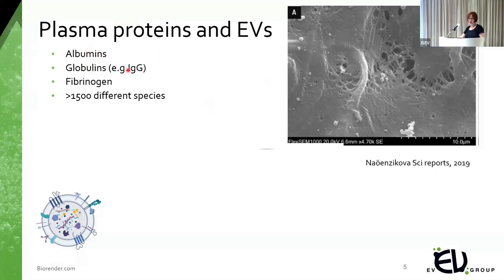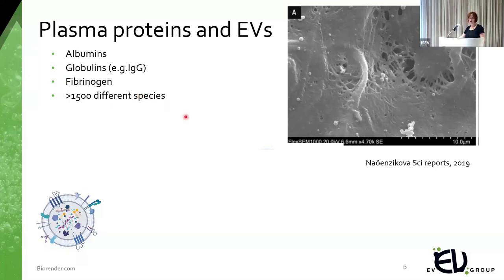Importantly, the albumins and the globulins, including the IgGs, I'll come back to this later, and fibrinogen. Fibrinogen is the source material for the fibrin network, which is very important to stop the blood flow if we get a cut, or in case of infection when we need to restrict the access of blood to certain places. So these have very important roles in the blood.